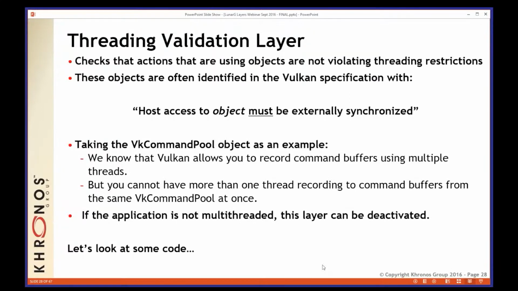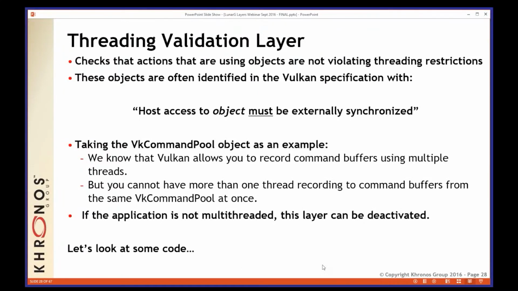A good example is the VkCommandPool. Everyone knows that Vulkan is attractive to a lot of people because you can record many command buffers at a time using multiple threads. But one thing you have to watch out for is that you can't have more than one thread recording to command buffers that come from the same command pool. That's what this is all about as far as synchronizing host access.